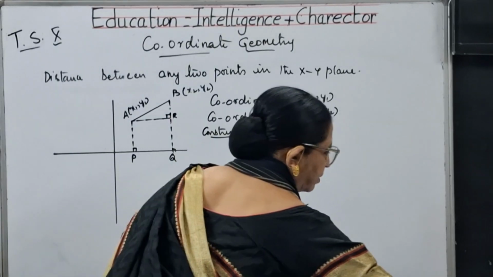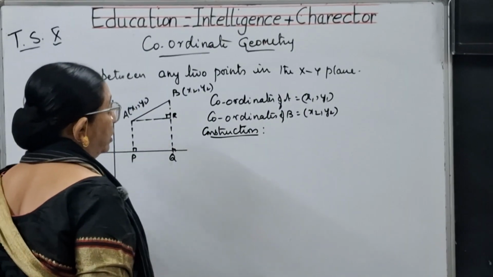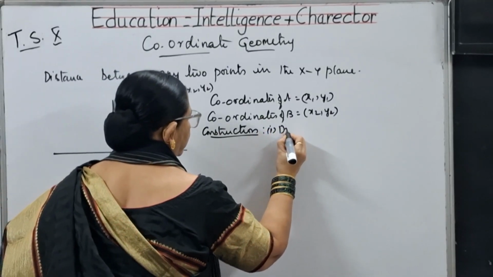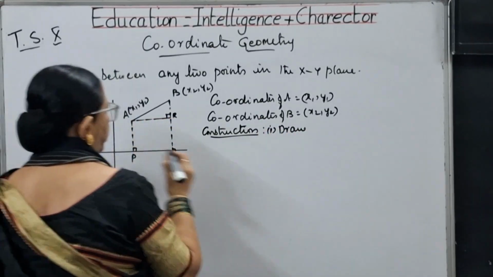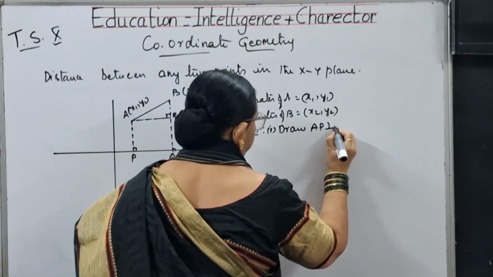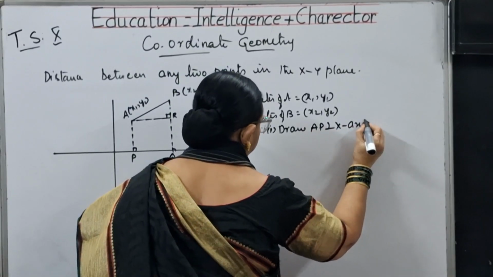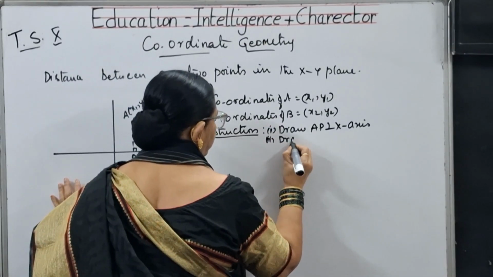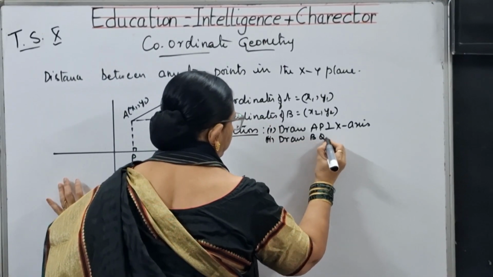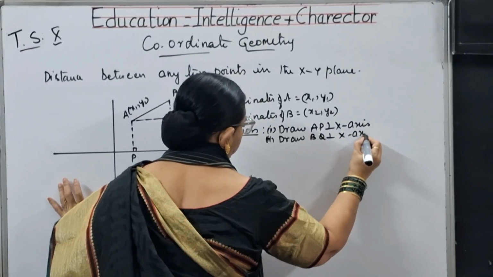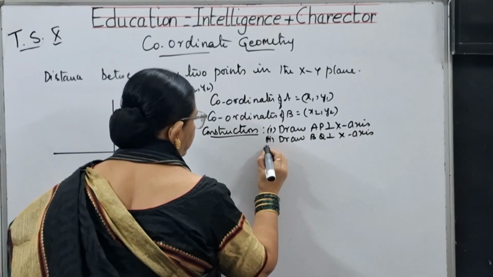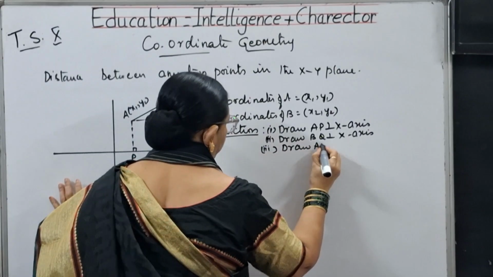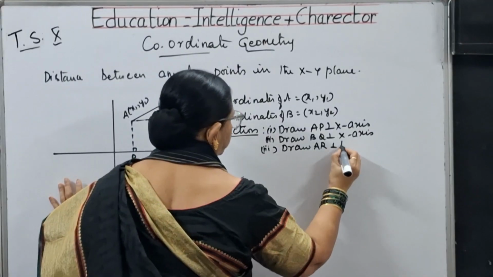These are the three constructions that are required to derive an expression for it. So what is the first one? Draw AP perpendicular to the x-axis, and second one, draw BQ perpendicular to the x-axis, and third one, draw AR perpendicular to BQ.